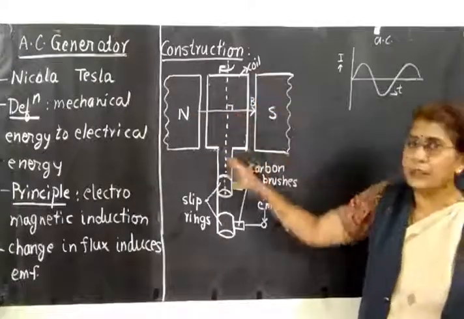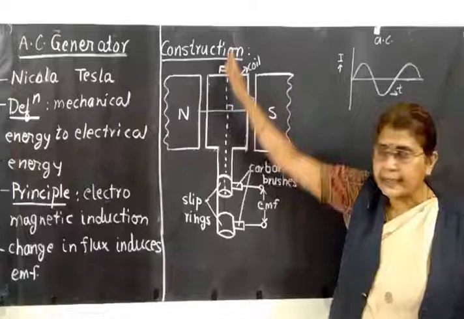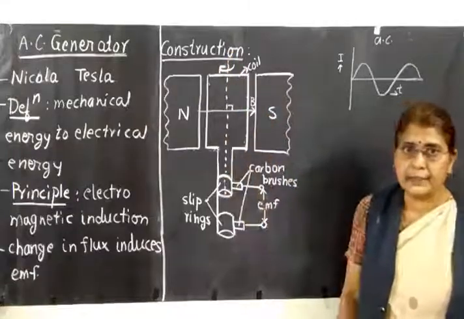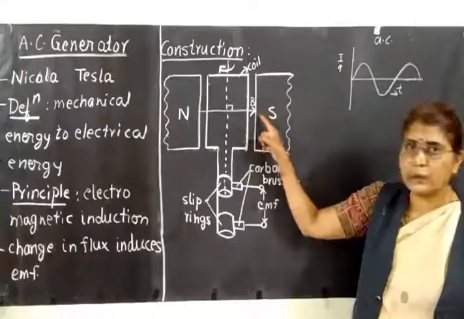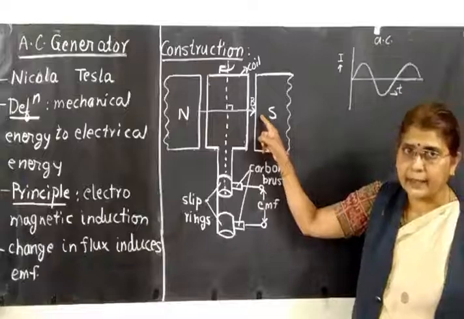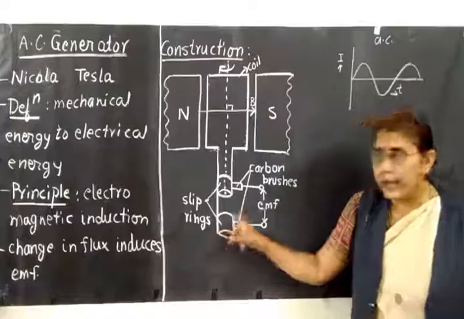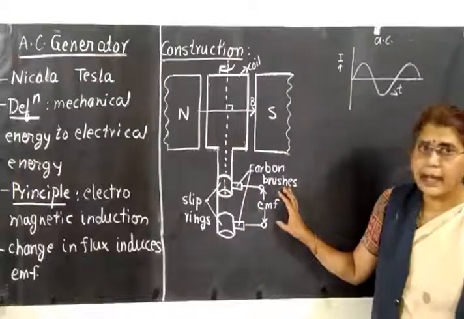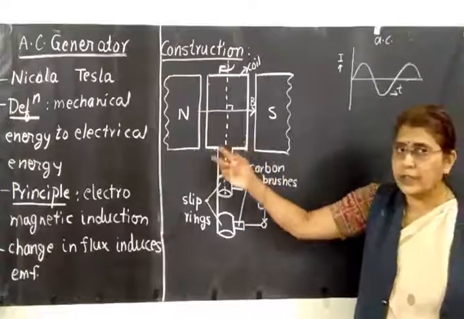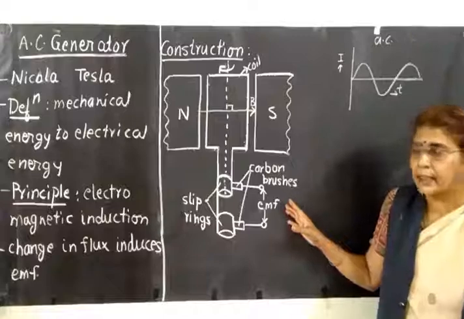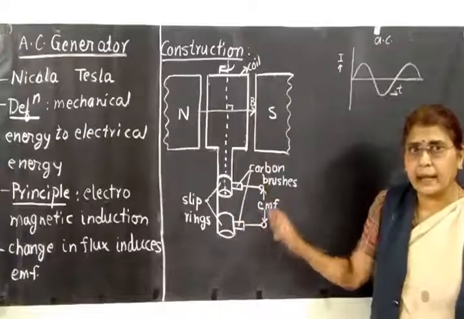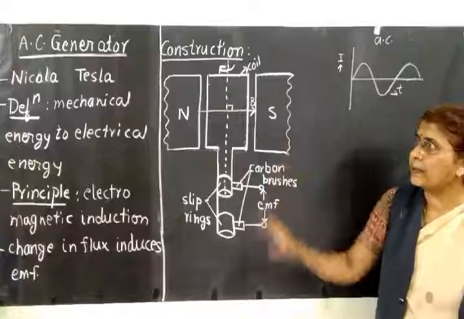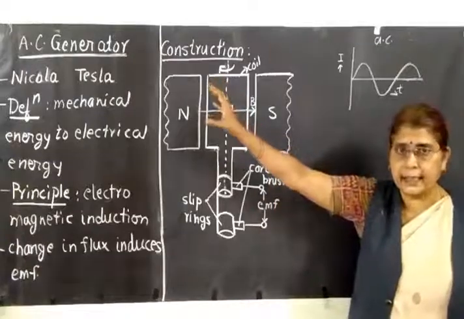Now this coil is free to rotate about an axis which is passing through its center and it is perpendicular to the direction of the magnetic field. Now the ends of the coil are connected to slip rings and carbon brushes and then they are going to the external circuit. So this is a simple construction of AC generator.